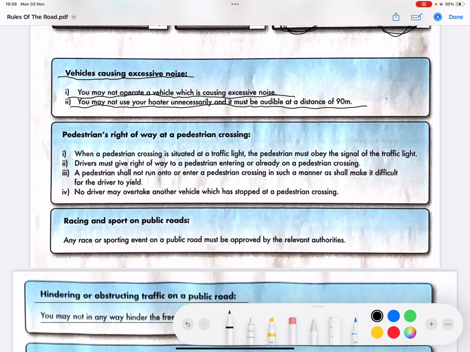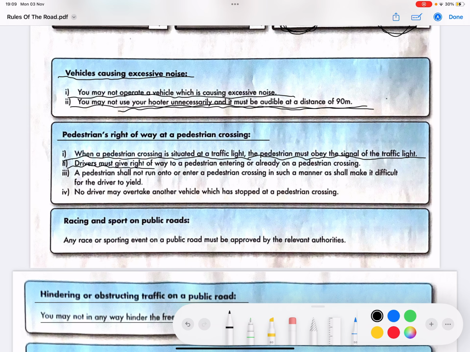Vehicles causing excessive noise. You may not operate a vehicle which is causing excessive noise. You may not use your hooter unnecessarily and it must be audible at a distance of 90 meters. Pedestrians' right of way at a pedestrian crossing. When a pedestrian crossing is situated at a traffic light, the pedestrian must obey the signal of the traffic light.